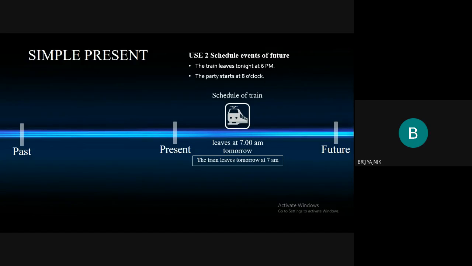The ceremony ends at 11:50, or ceremony begins at 7:30. Now, it's an invitation card of something that's going to happen in the future. So why does it say ceremony starts? Why does it not say ceremony will start? Well, that is because it's a schedule of future, or scheduled events of future. It's not talking about simple future, right?